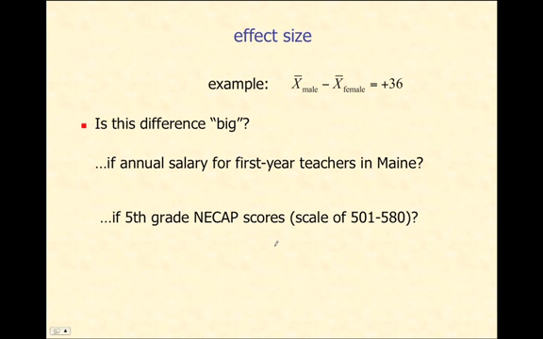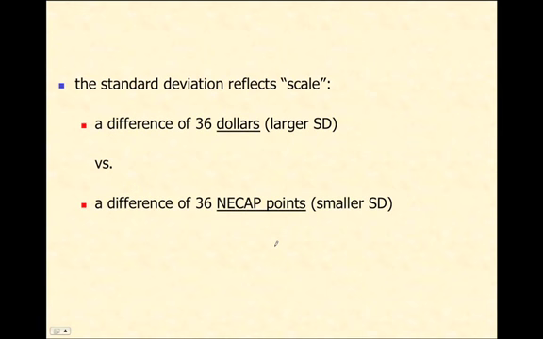And again, it all comes back to the underlying metric. What is it that you're measuring? What is the question of importance? The standard deviation reflects the underlying scale of the distribution. A difference of $36 versus a difference of 36 kneecap points.